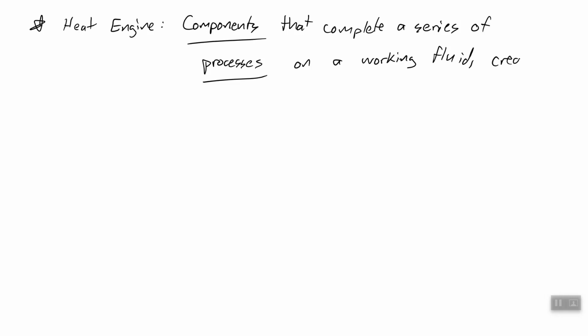And this creates a cycle. The best way to explain this is to give you an example. So let's do an example being your car engine, because I think enough people are familiar with that to jive with this, right?